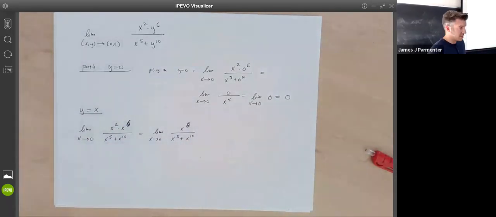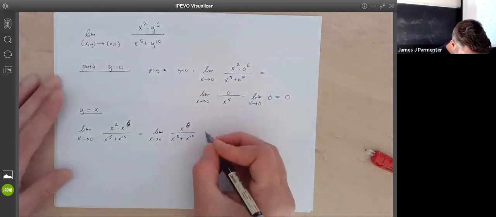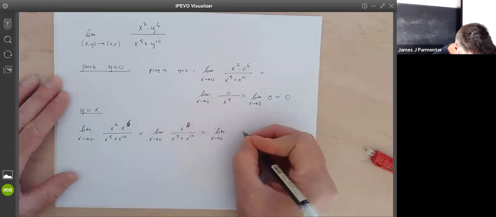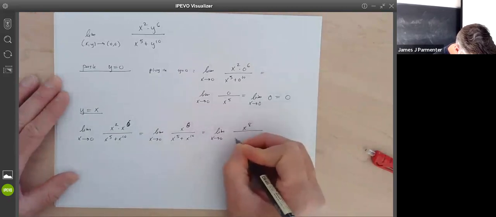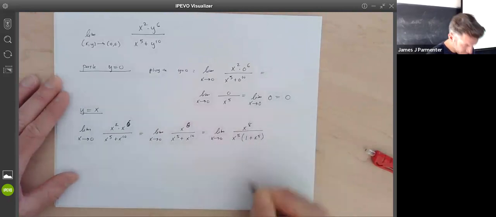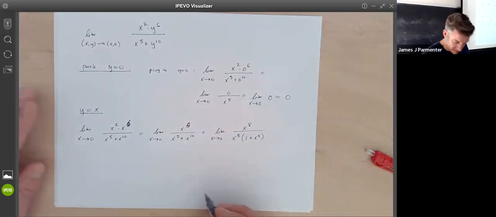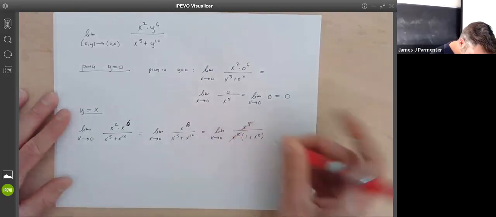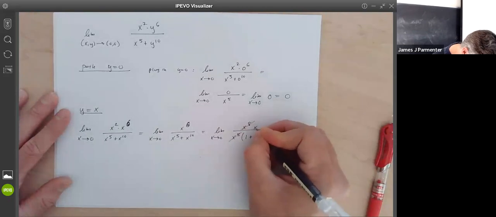So I can factor out an x to the 5th from the bottom. So here's what's going to happen. You get the limit as x goes to 0 of x to the 8th over x to the 5th times 1 plus x to the 5th. I can cancel an x to the 5th. So that cancels, and here I'm going to be left with an x to the 3rd on top.